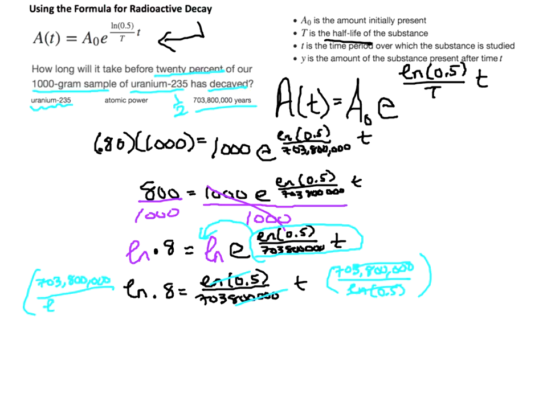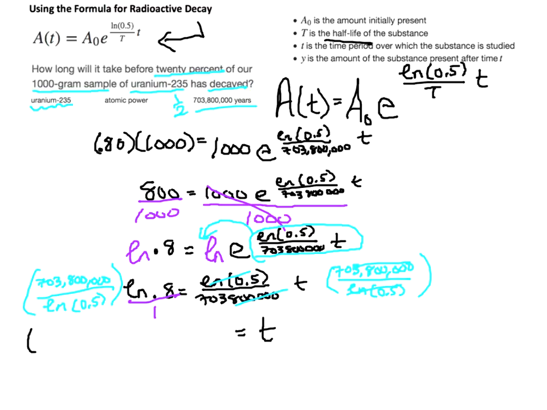So t equals 703,800,000 divided by the ln of 0.5, times the ln of 0.8. And when I put that entire left-hand side into my calculator, this is how I'm going to put it in. I'm going to open a parenthesis for my numerator, and don't forget, when you multiply fractions, you multiply straight across.